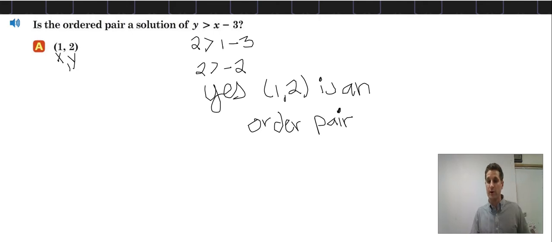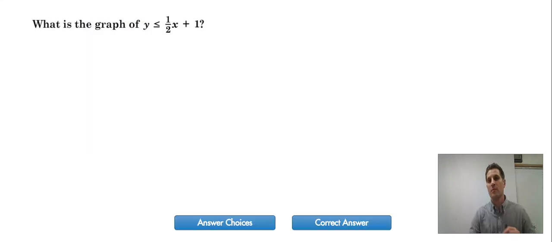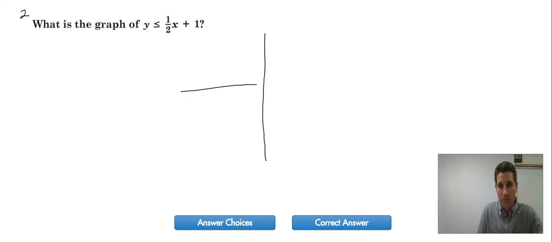Okay, let's go ahead and move on to another problem. This is going to be our second problem here, so make sure you write number 2. What is the graph of y is less than or equal to 1/2 x plus 1? So we actually treat this like we're going to graph it normally. So I'm going to draw a coordinate plane, and we're going to pretend like we're just graphing a normal line, y equals mx plus b.